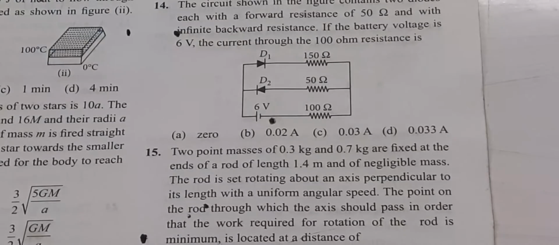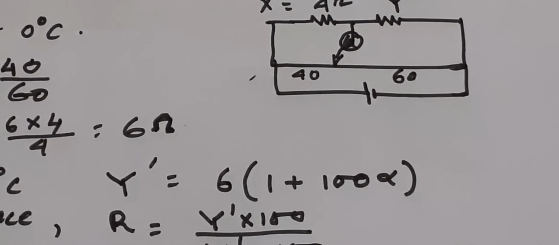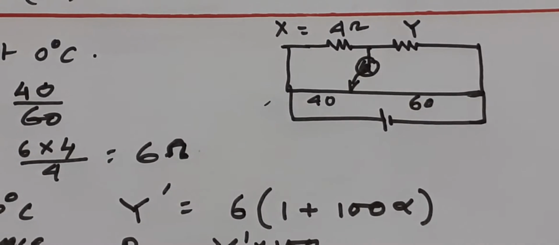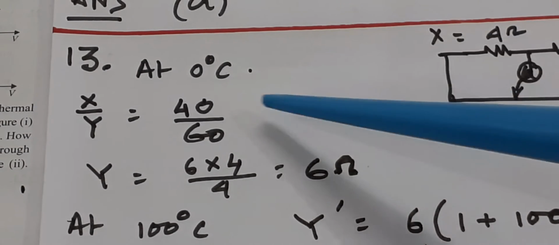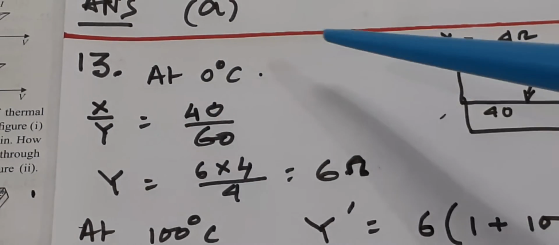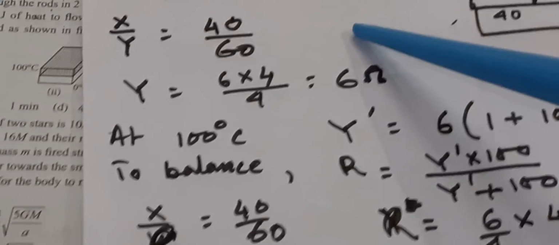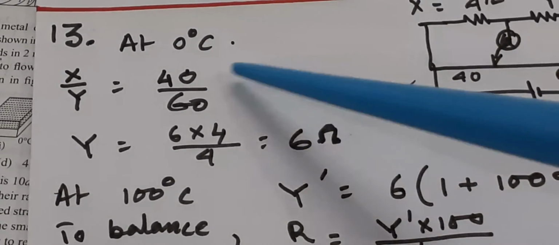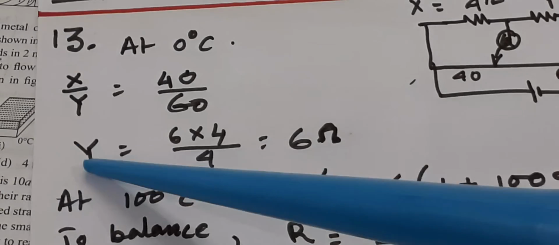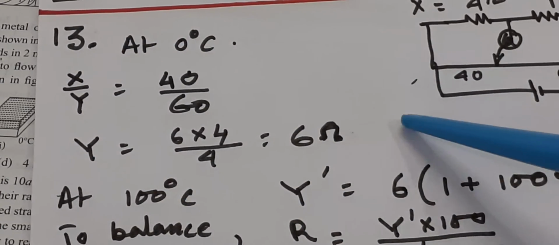Now let us see how we have done this job. When it is at 0 degrees Celsius, x by y, its null point is at 40 centimeter from the left side. That means 40 divided by the remaining 60, that means 4 by 6. x is 4 given, so y will be 6 ohm.